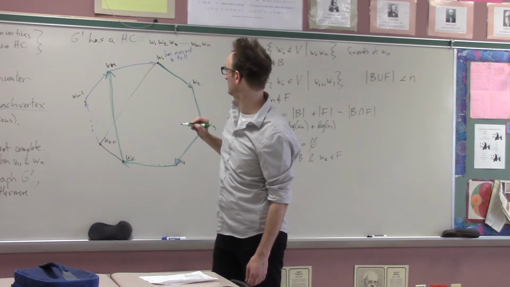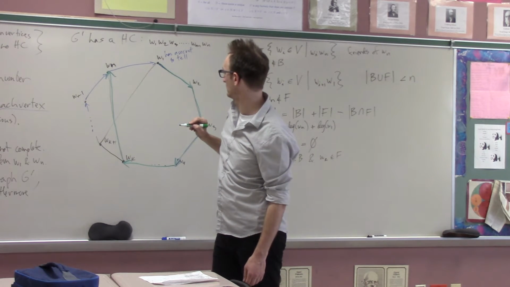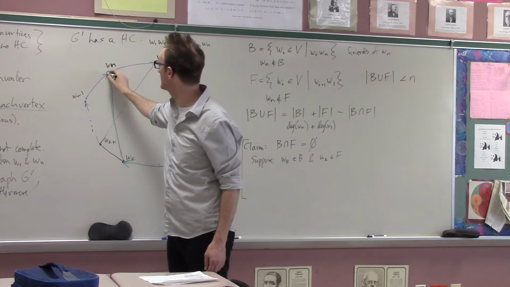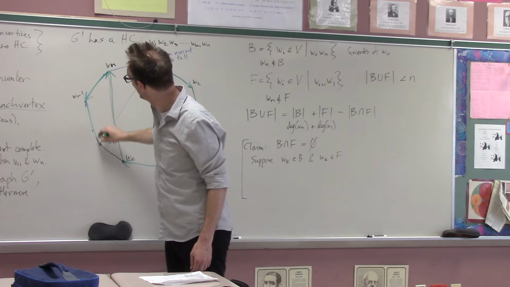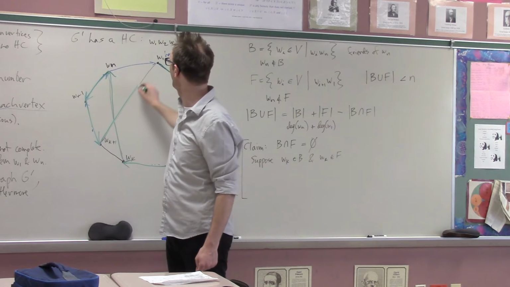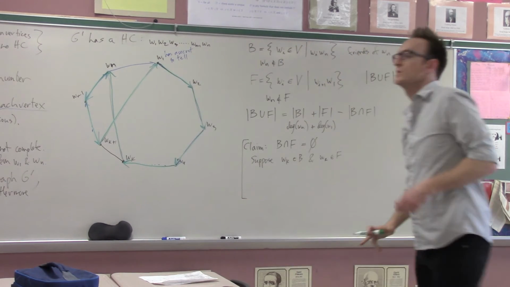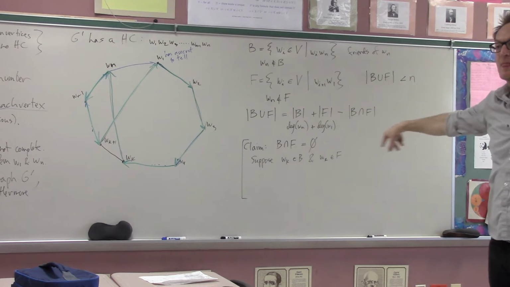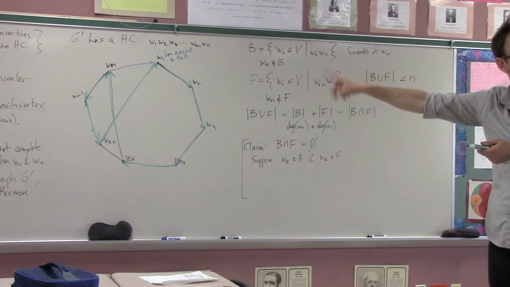Did I do that right? Yeah, and then just go down and then backwards, right? Because these guys are all friends. And then when I got here, back up to W1.